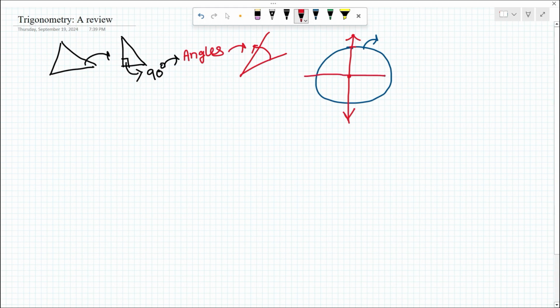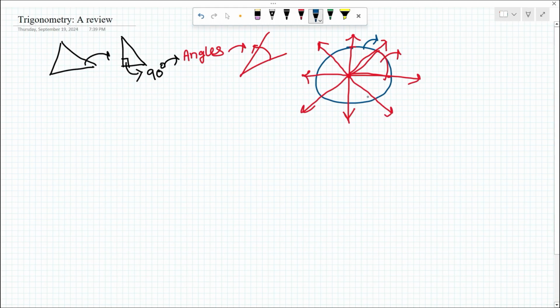Similarly, I can draw another red line, and now I've divided the circle into four equal parts. Similarly, if I draw another one like this and another one like this, now I have divided my circle into 8 equal parts. It's like a pizza, right? Each of these is like a slice of pizza.